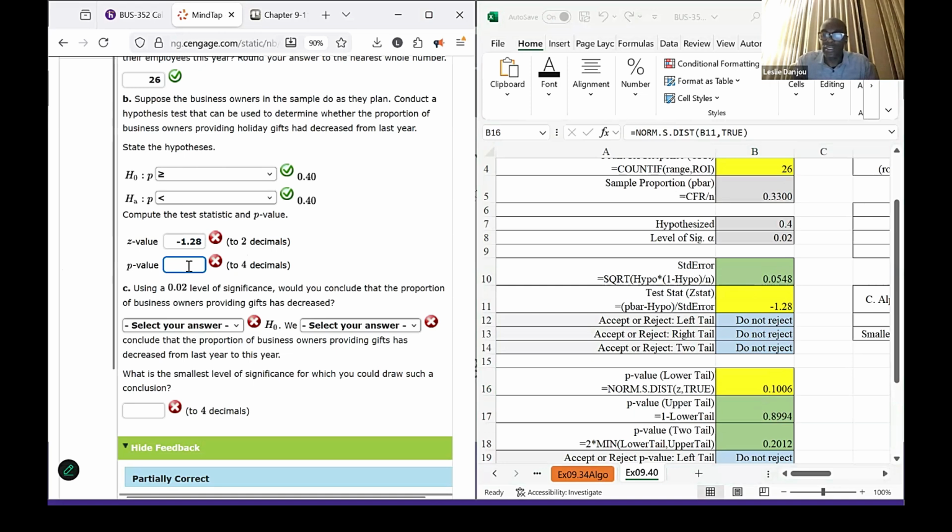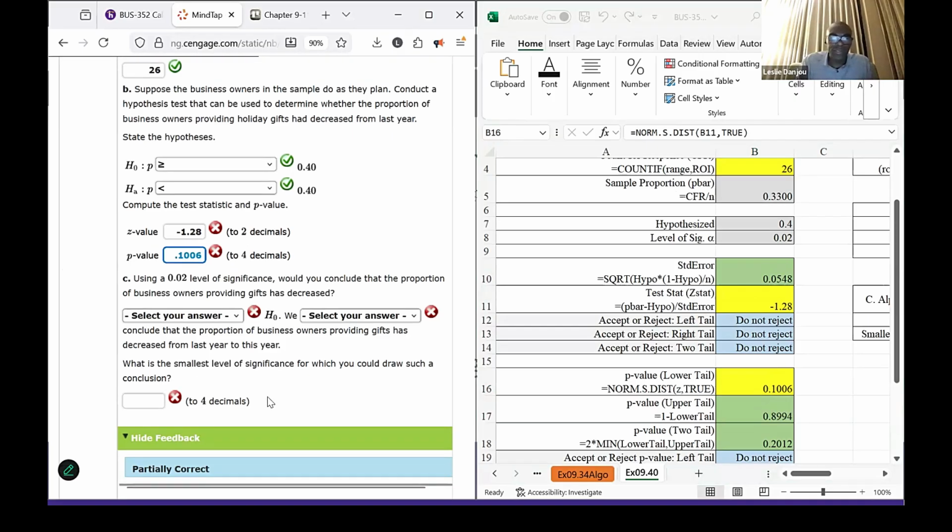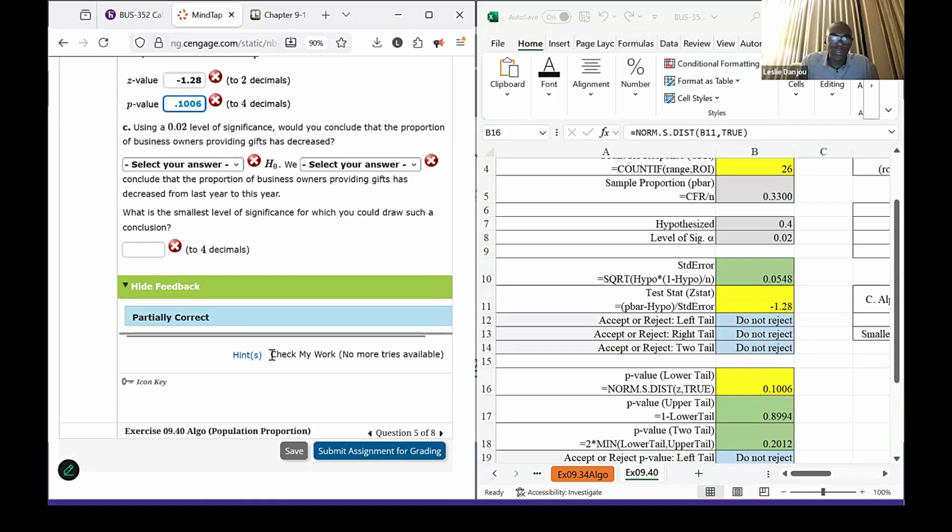And then point. Might check my work left me on this one. But these two answers should be these two answers right here. And then it says, what is the smallest level of significance for which you should draw a conclusion?